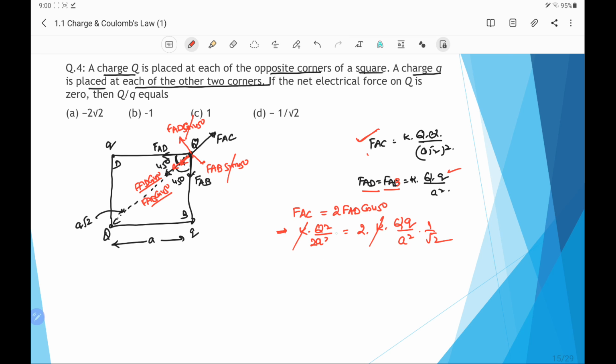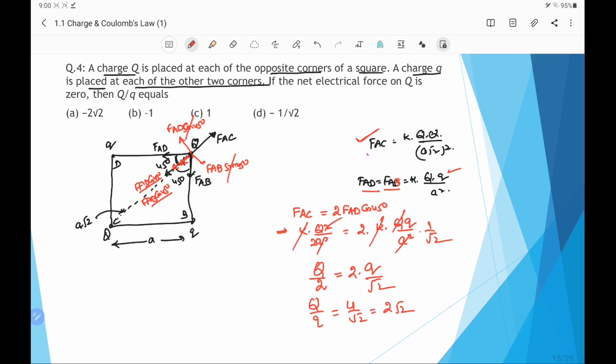Cancelling the common terms, the q will get cancelled, a square will also get cancelled, and Q by 2 equals 2 into q by root 2. And we have to find the capital Q by q, that is equal to 4 by root 2, that is equal to 2 root 2.